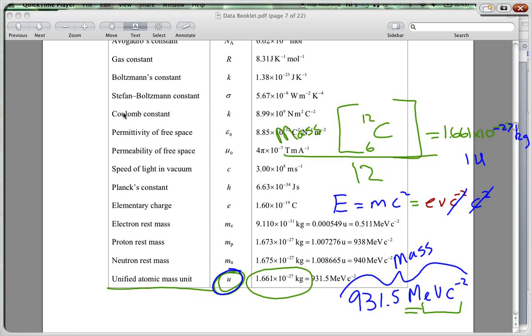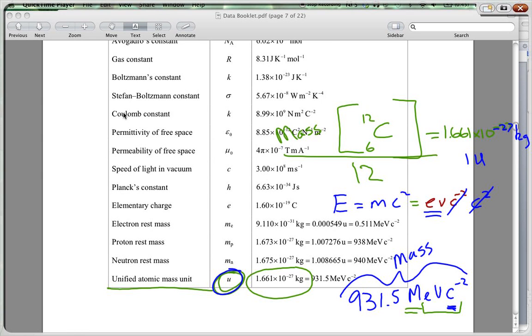Obviously the c squared and the c to the minus 2 cancel, and I'm left with my eV, which is an energy unit. So this U, if you converted that all to energy, is 931.5 MeV. In terms of mass, it's 931.5 MeV c to the minus 2. Does that make sense? Are you okay with that? It's a little bit of a tricky thing.